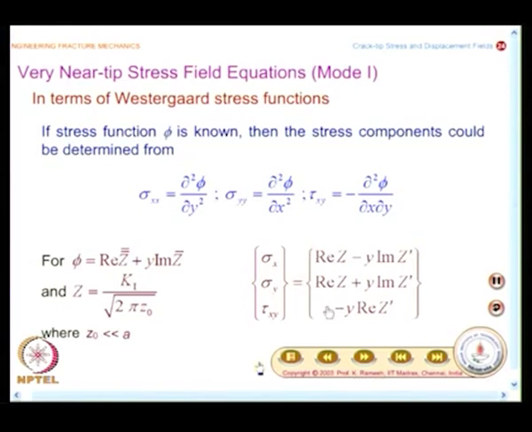This is very generic. This becomes a closed form solution or a near tip stress field solution depending on how you express capital Z. If you express it like this, it is valid only for z naught very small compared to crack length. So, that is what is emphasized here. You are really talking about very near tip stress field equations.